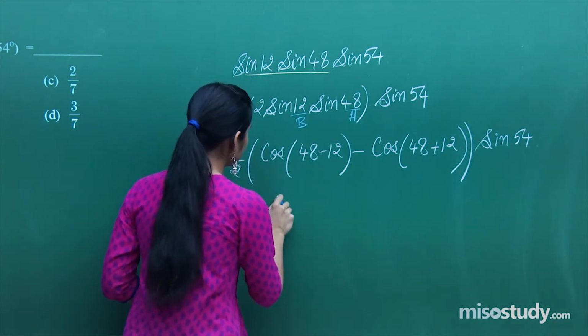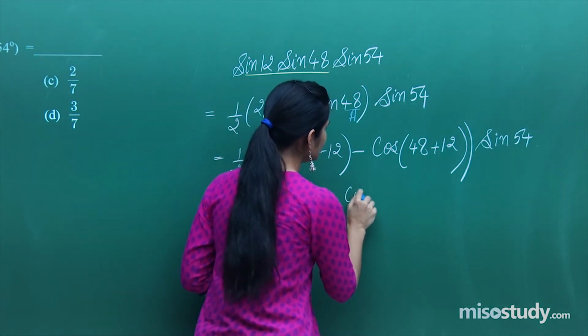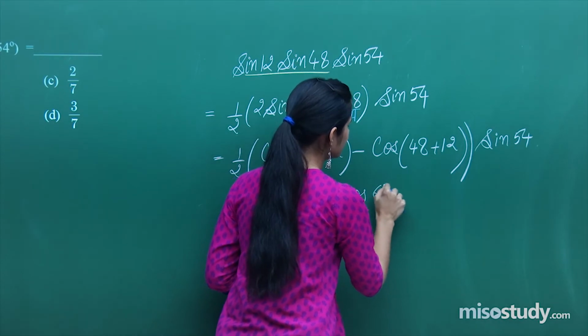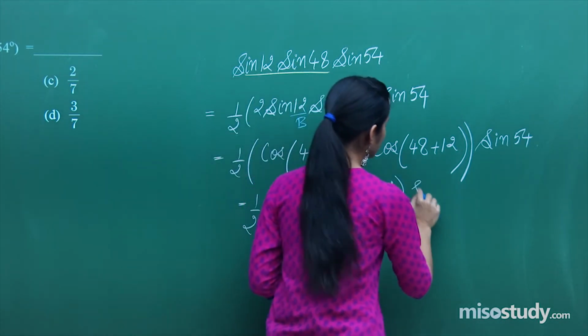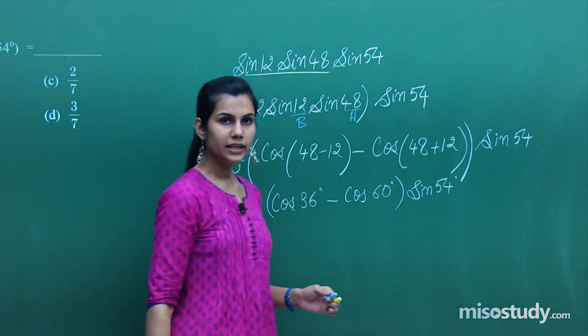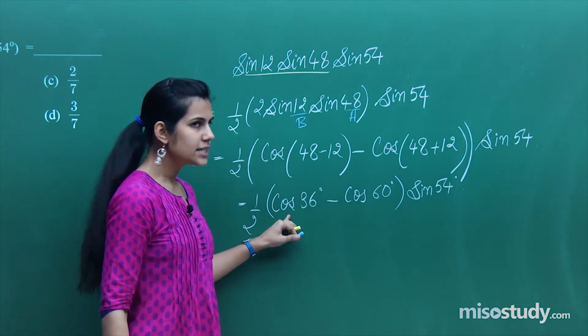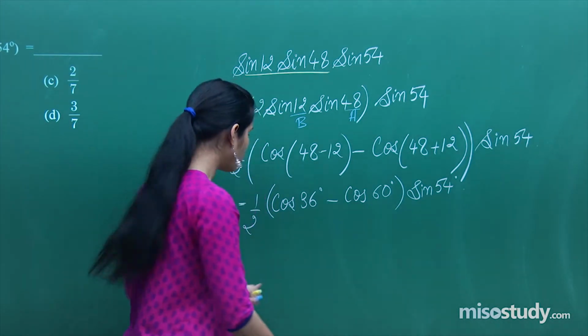What is 48 minus 12? This gives you 36 minus cos 48 plus 12. This gives you 60. Fine? Now see, cos 36 I don't know, but cos 60 I know. It is what? 1 by 2.